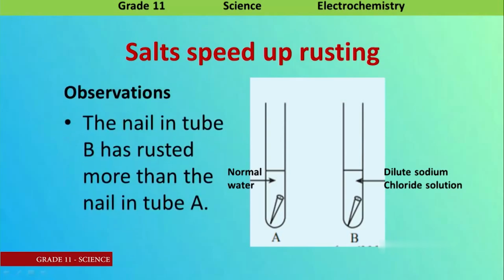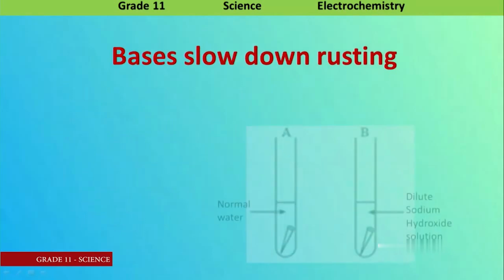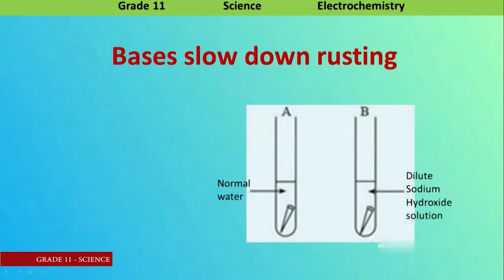And as I told you earlier, bases slow down rusting, children, right? Here, as the base, dilute sodium hydroxide solution is taken and 2 clean iron nails are placed in them.